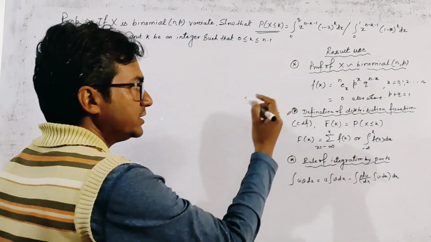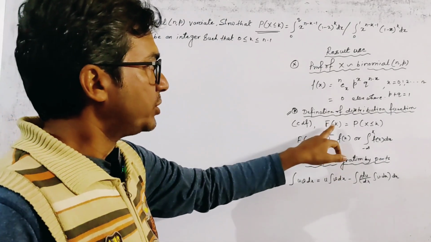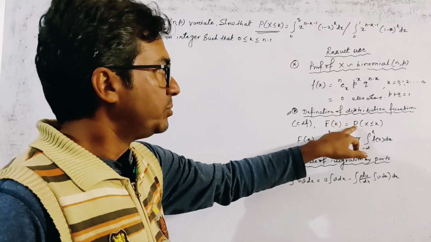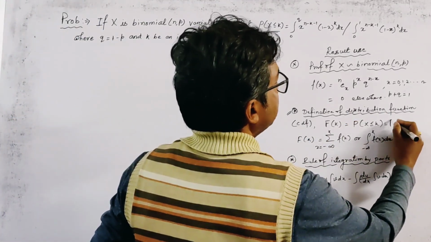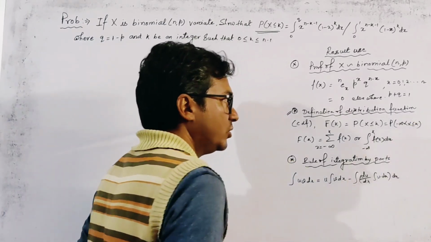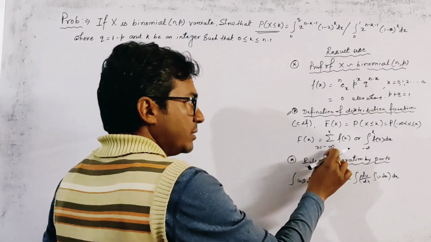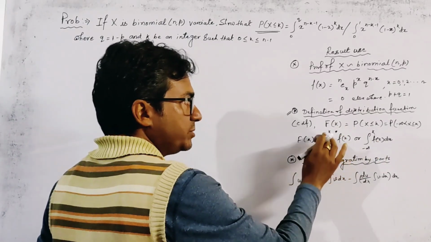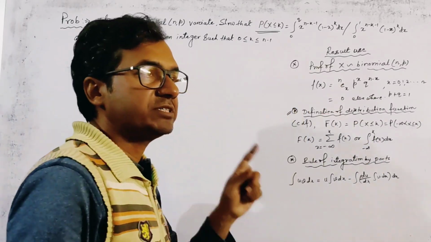Here we write the definition: it is denoted by capital F of k, which is given by P of X less than or equal to k, or it can be written as P of minus infinity less than X less than or equal to k. It is defined by either summation or integration according as the variable is discrete or continuous: the integral from minus infinity to k of f(x) dx.